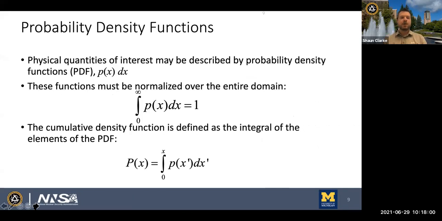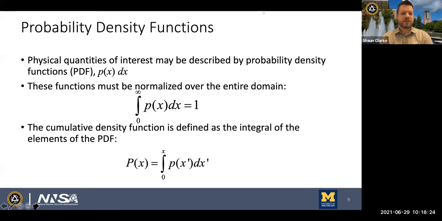Okay. So what do we do with these random numbers? How do we actually use them to sample the quantity of interest? We do this using something called random sampling. And the heart of the random sampling process is something known as the probability density function. P of x is typically how you'll see it written in various textbooks.